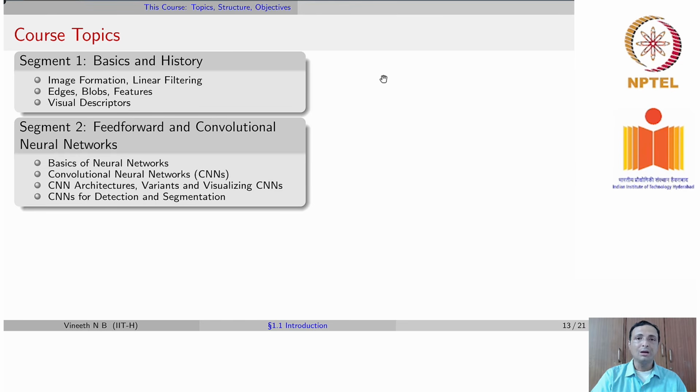We will then move on to understanding what convolutional neural networks are, which form the basis of computer vision. We will talk about various architectures of CNNs, convolutional neural networks, variants, and talk about fine-tuning and visualizing them. We will then talk about how CNNs can go beyond simple classification towards what are seminal tasks in computer vision: detection and segmentation.